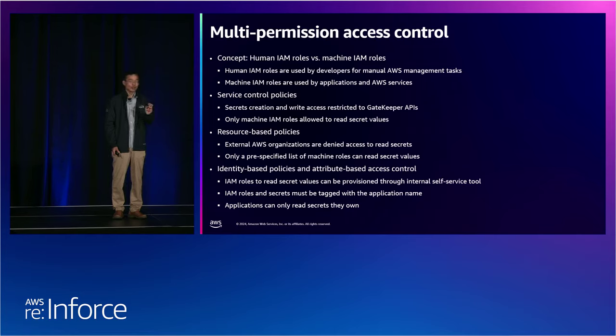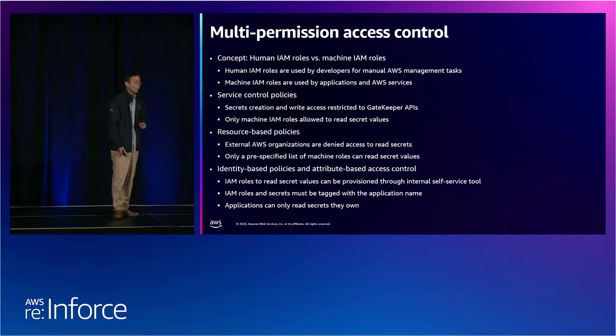But rest assured, even though any team can provision an IAM role to read any secret, we configure the resource policy on the secret, saying only this list of IAM roles can read that secret, using our central management API. So the secret is only going to be read by authorized applications, but not by anyone, whatever they want.